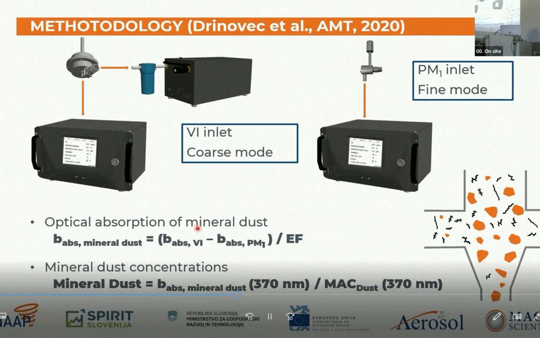We have to subtract the absorption measured on the instrument with the PM1 inlet from the absorption measured on the instrument with the VI inlet, and we have to weigh the difference with the enhancement factor. Finally, mineral dust concentration is estimated from the optical absorption with the calibration constant MAC.